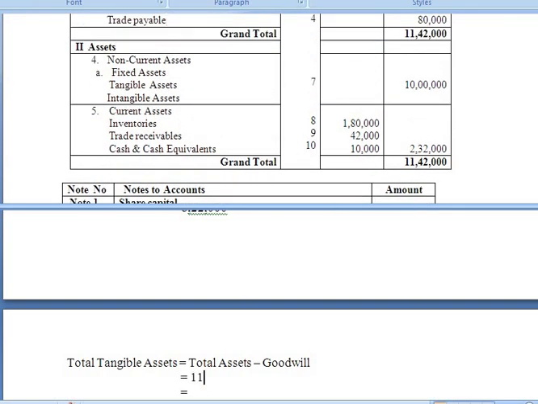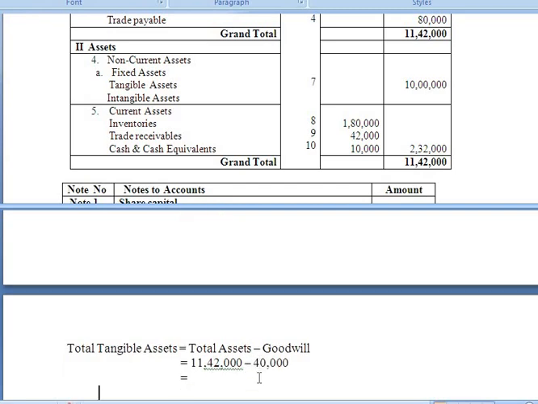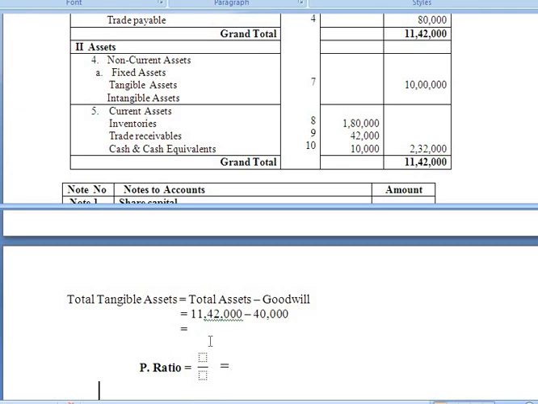So right here 11,42,000 minus goodwill. How much is the amount of goodwill? It is 40,000. Okay, there is only one intangible asset, so it is 40,000. 11,42,000 minus 40,000 is equal to 11,02,000. Okay.